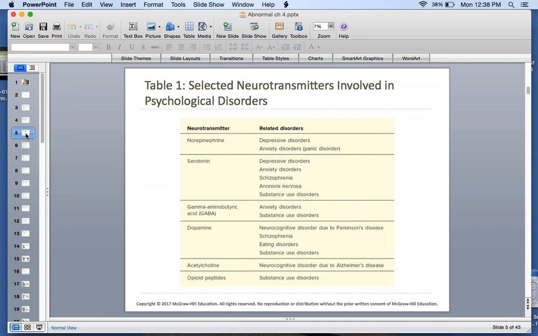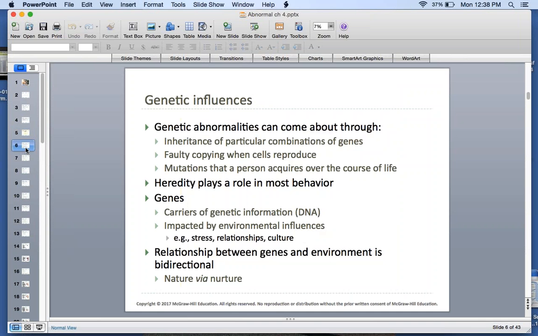You will hear more about that when we discuss those disorders. Also eating disorders and substance use disorders. Acetylcholine in neurocognitive disorders due to Alzheimer's disease. And then we have opioid peptides, okay, and those are typically related to substance use disorders. You don't have to memorize all of those things now, but have a general idea, okay.